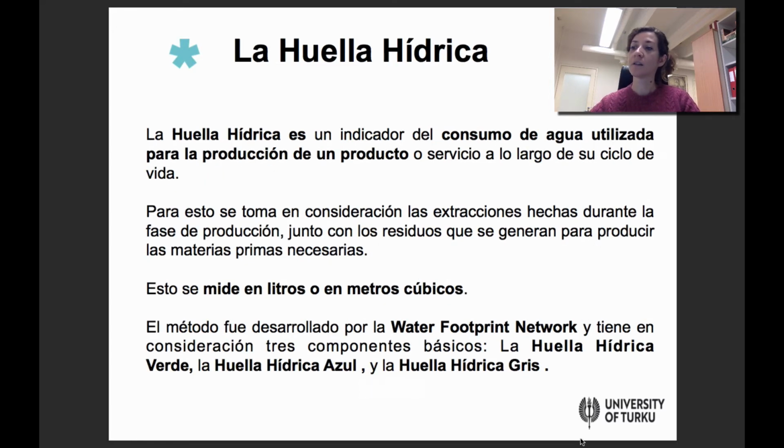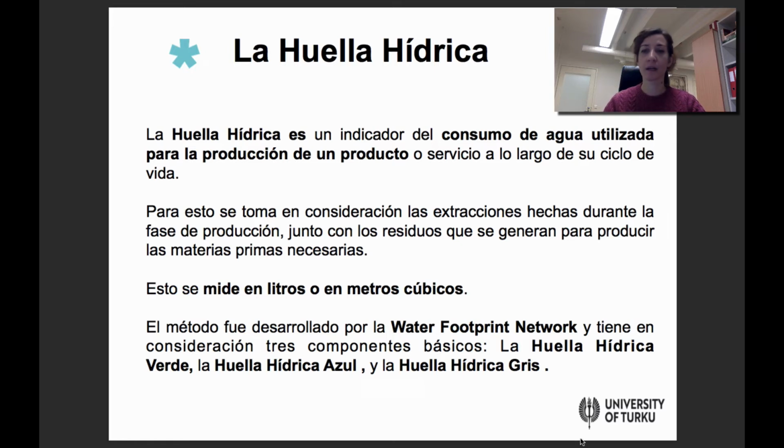Then we have this very important other type of environmental impact, which is the water footprint. This is an indicator of the water consumption for a product or a service during, again, all the life cycle, so during all the different production stages.